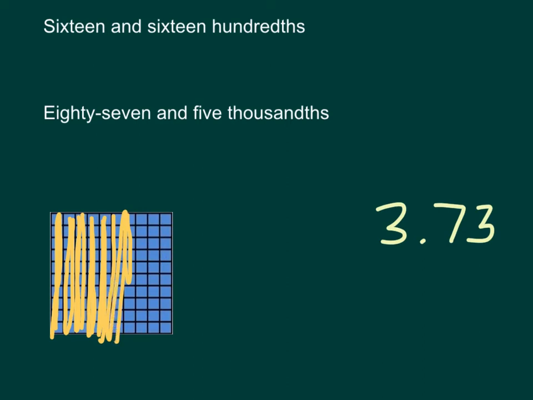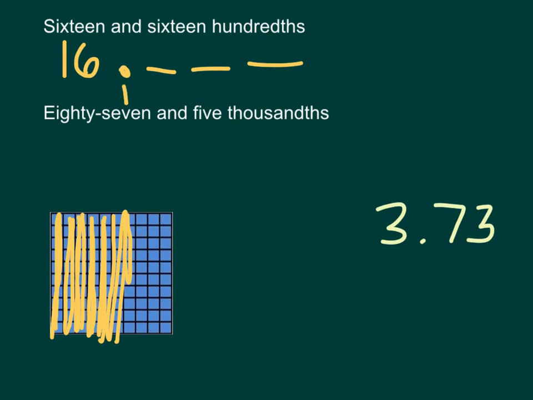So 16 and 16 hundredths. What I do when I am converting from written form to standard form is I like to try to write it underneath as much as possible. So I see 16, and I know that's the decimal point, and then I immediately put my spaces for my decimals.